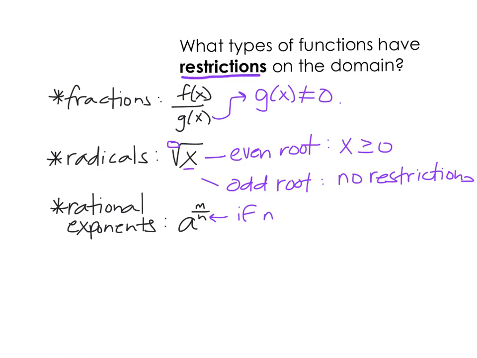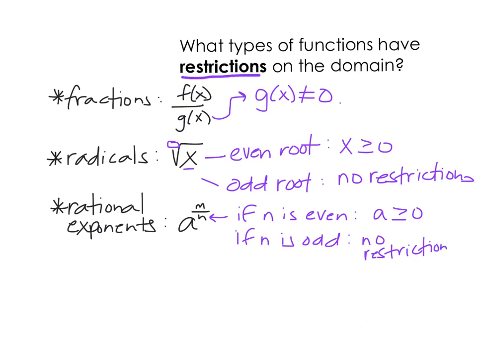If n is even, ultimately you're taking an even root of that base. Then that would mean your a value, whatever that is, has to be greater than or equal to 0. However, if n is odd, then there's no restriction. It wouldn't matter what the value is for your base, so no restriction.